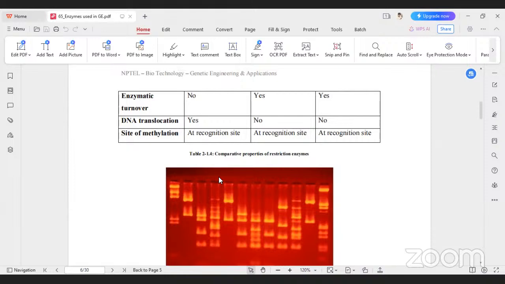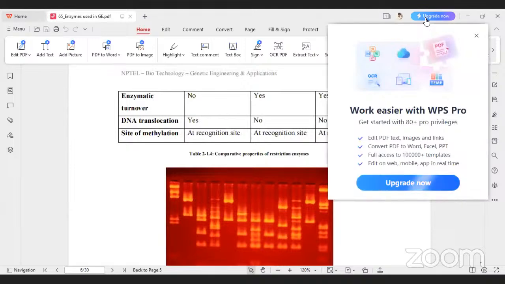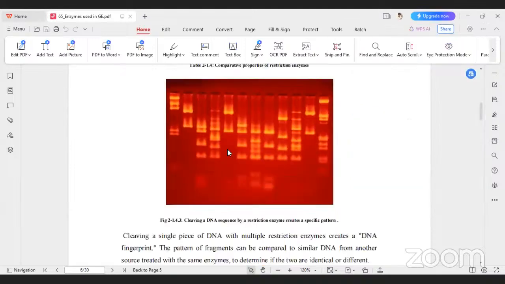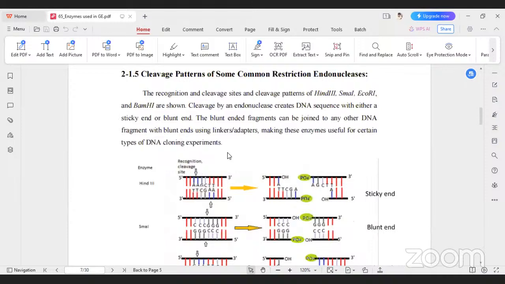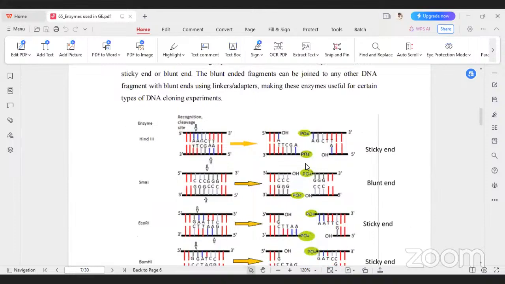That is the same enzyme for the first and a different enzyme for the remaining two. Cleavage pattern: some common restriction enzymes give sticky ends, like this. Blunt ends come from the same parallel cut.